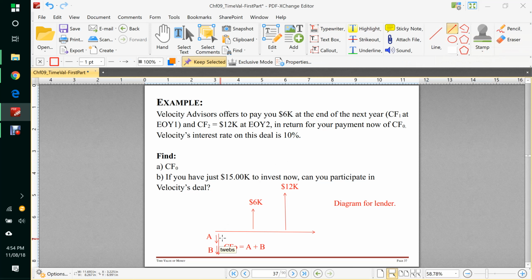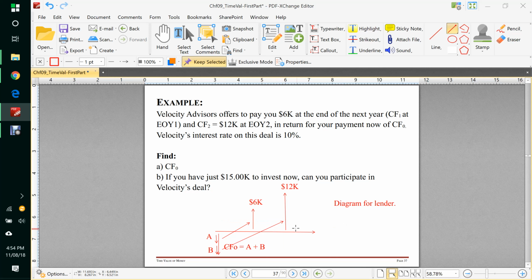Piece A is going to grow at the interest rate for the project, which is 10% for 1 year. And piece B is going to grow at the interest rate for the project for 2 years and wind up being 12,000.